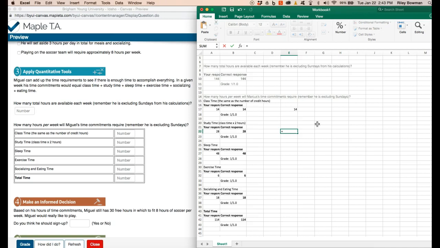So I can type in 14 credit hours and then do Shift 8 to get the multiplication, or if you have the number pad on your keyboard to the right, you can do multiplication there. Those of you who have a full keyboard, then times it by 2, and we can press enter, and there's how many hours for study time.